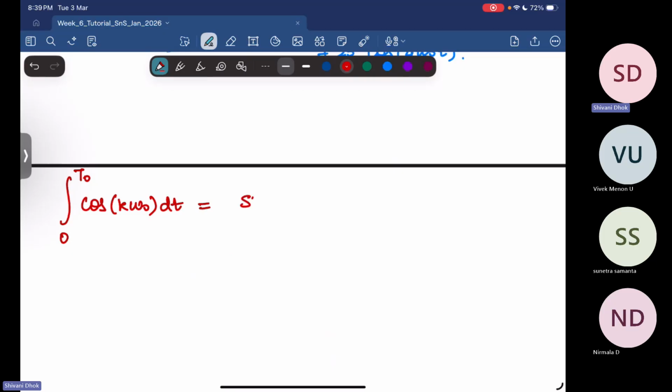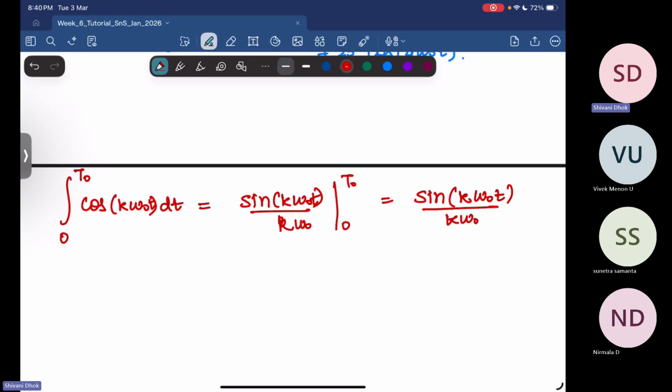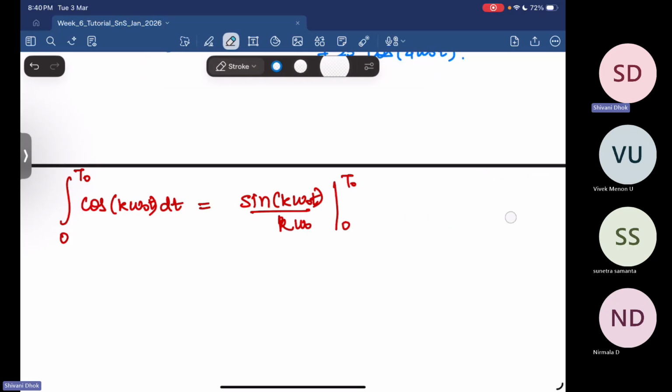So this is equal to sine of k omega naught t by k omega naught from 0 to T naught.